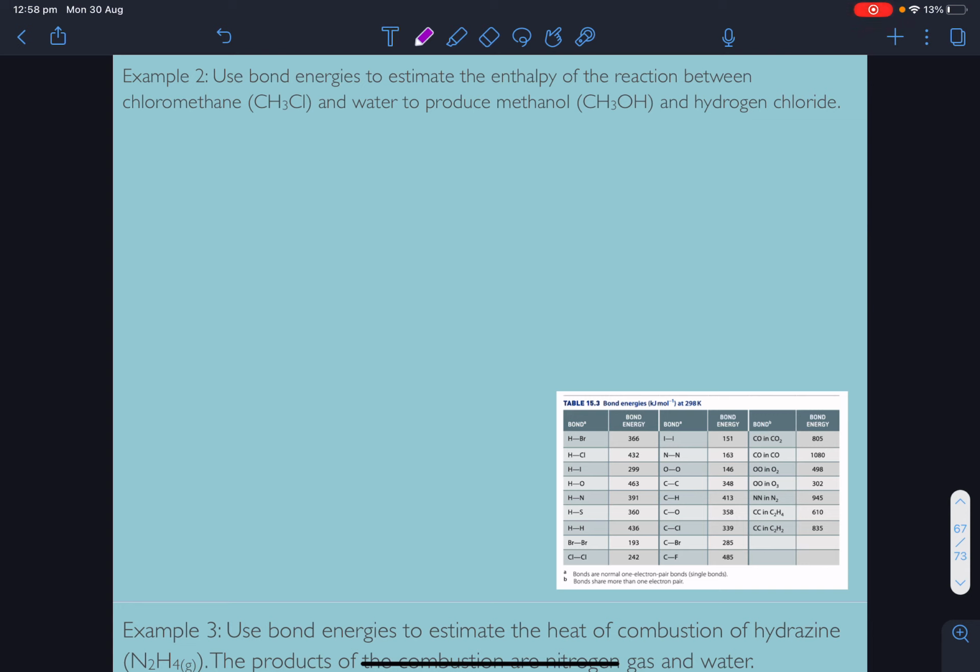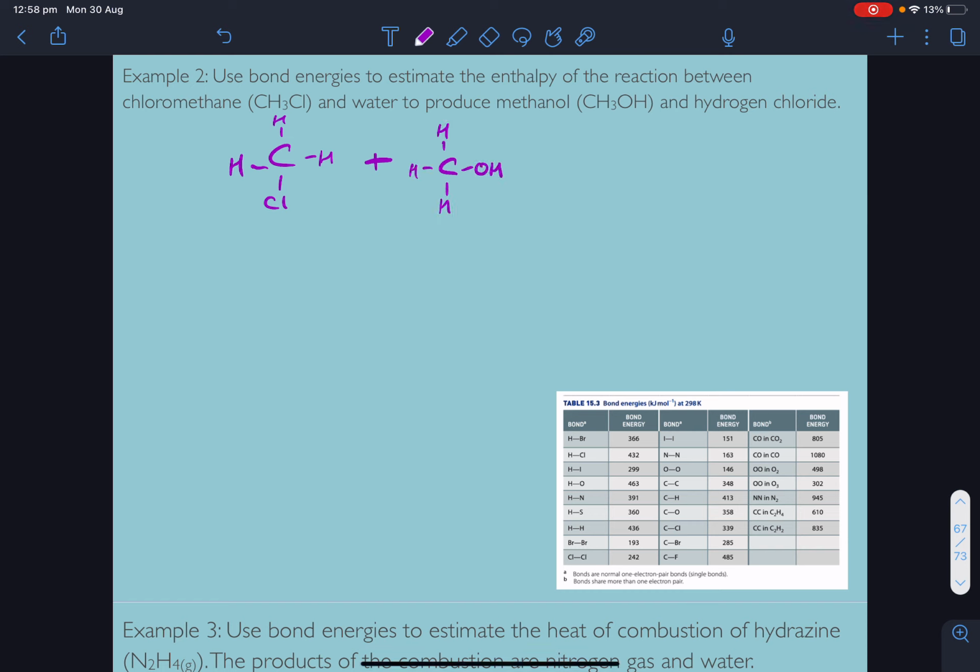We've got a reaction between chloromethane. You can see that hydrogen and chlorine only form one single covalent bond, so carbon must be the center there. So you can get that structure fairly easily. And methanol, the same type of thing. Hydrogen forms one bond, and we can see that they've got an OH.